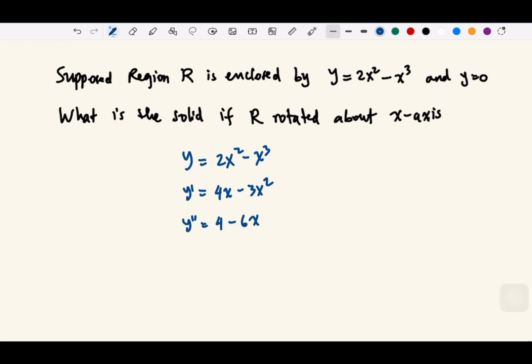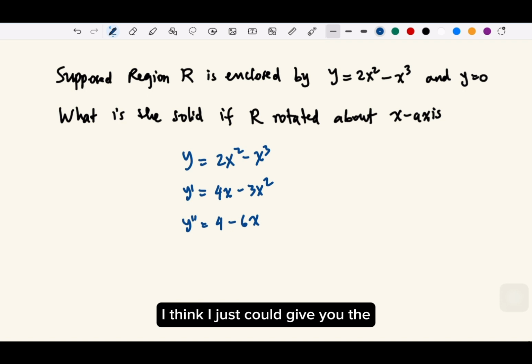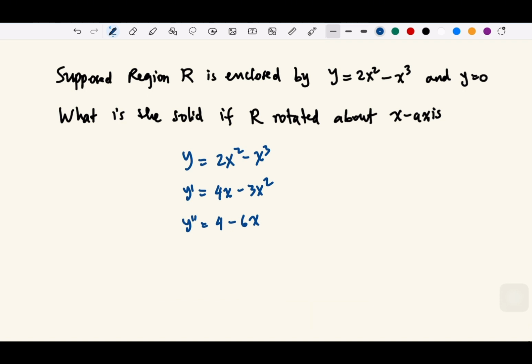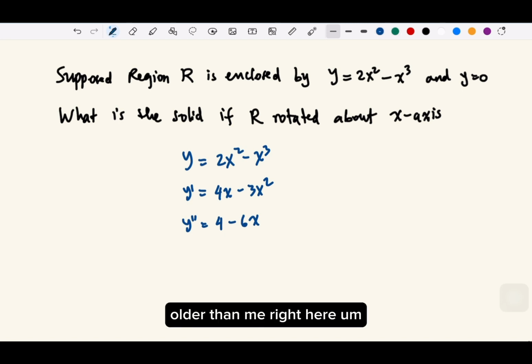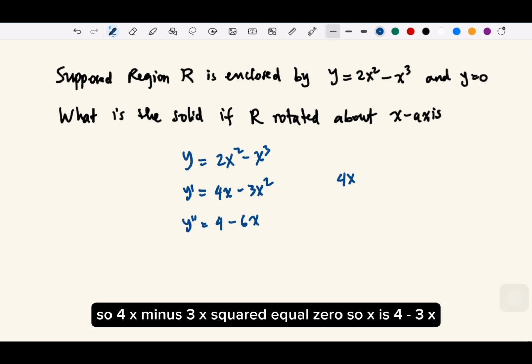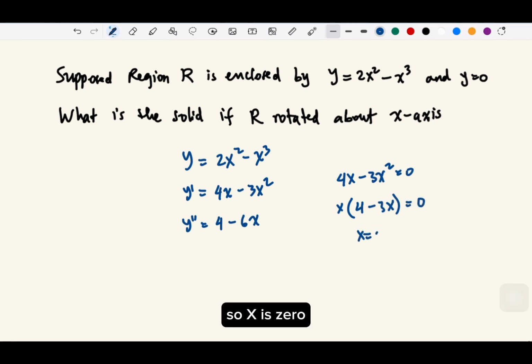At least that. If you have this, then I could just give you the result. So let me write here. 4x minus 3x squared equals 0, so x times (4 minus 3x) equals 0. So x is 0, or x is 4/3, right?